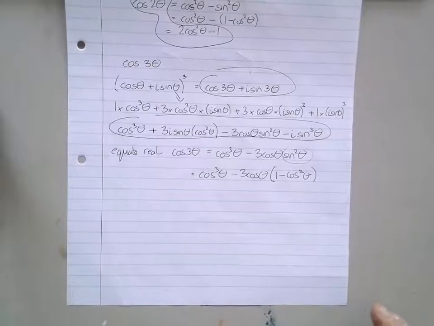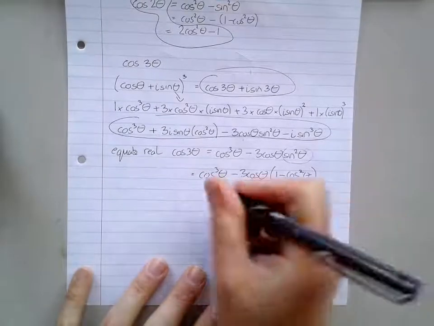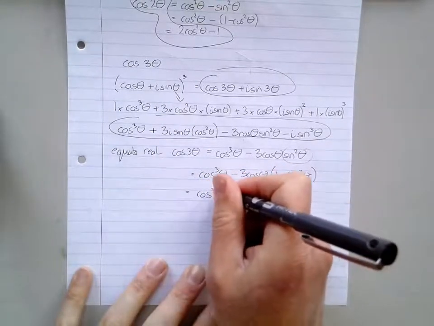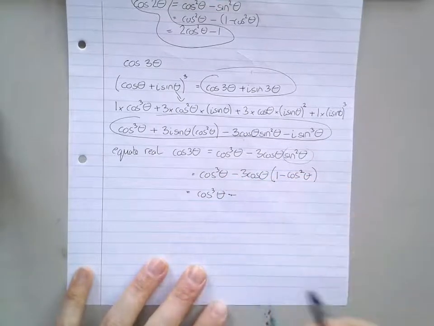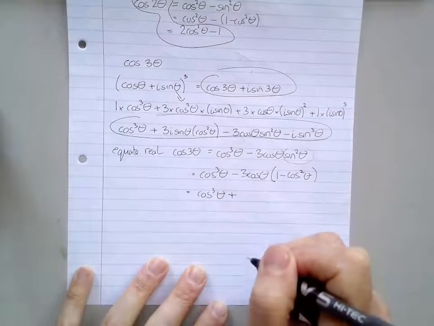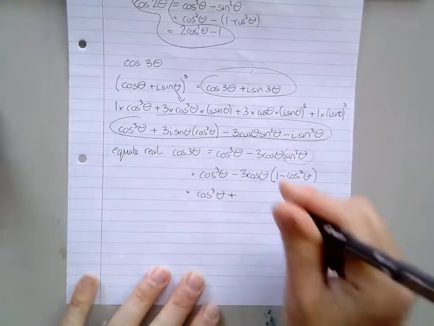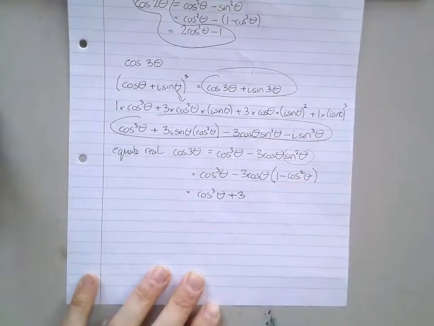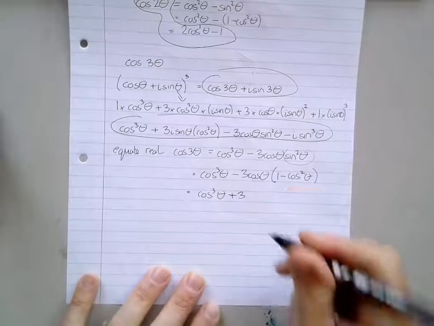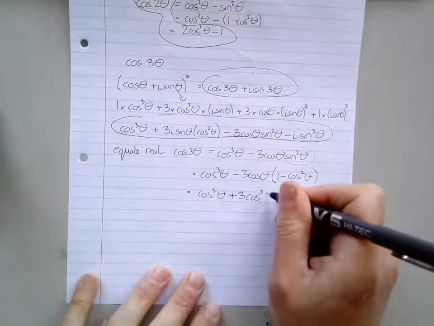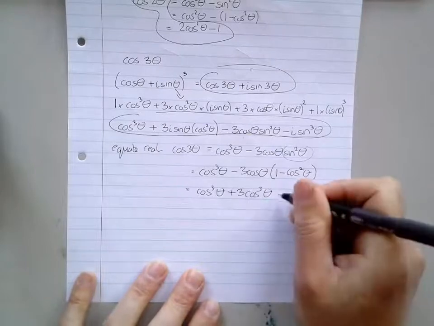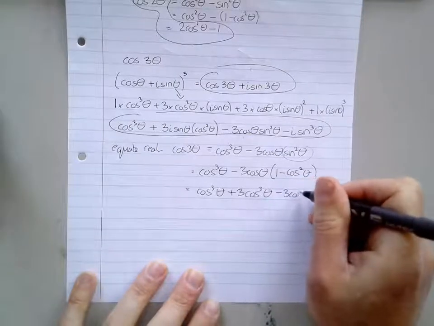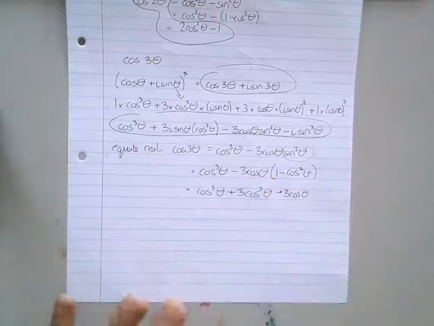Okay, and now if I multiply out the bracket, I'll get cos cubed theta plus 3 cos cubed theta, that's that times that, and then minus 3 cos theta, that times that.